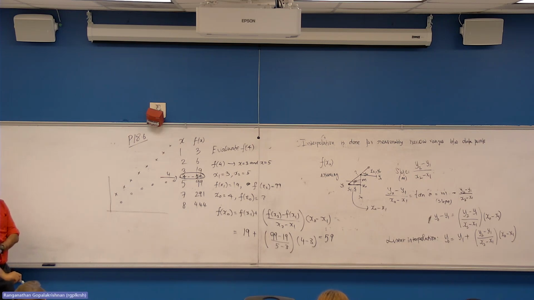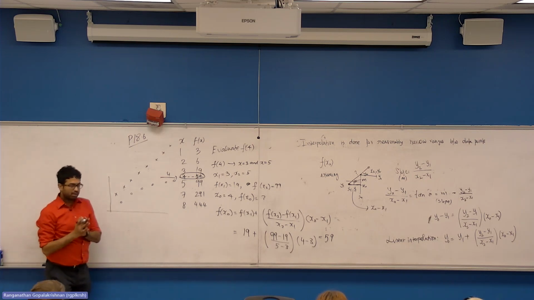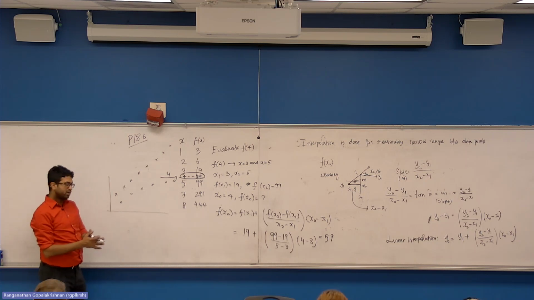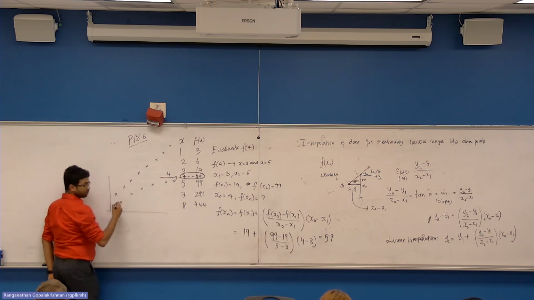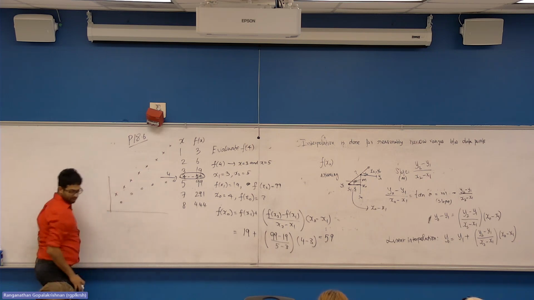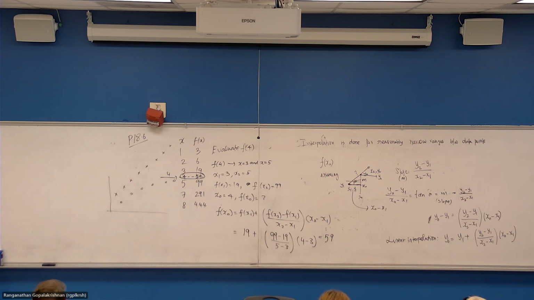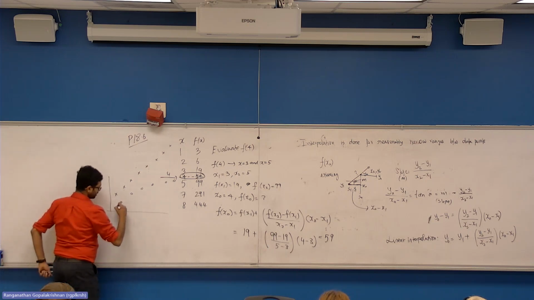By doing linear interpolation, what you are assuming is that the function connecting these 2 points, whatever it might be in reality, let's say in reality it looks something like this.